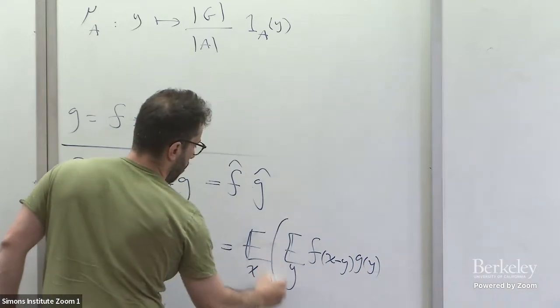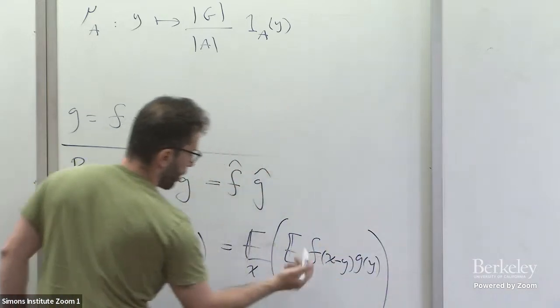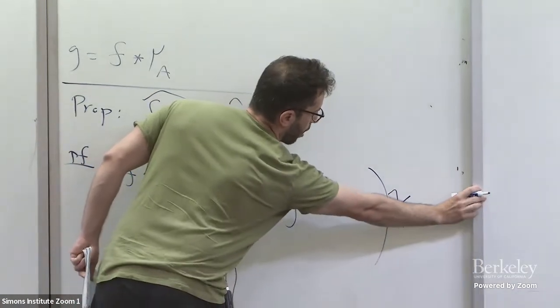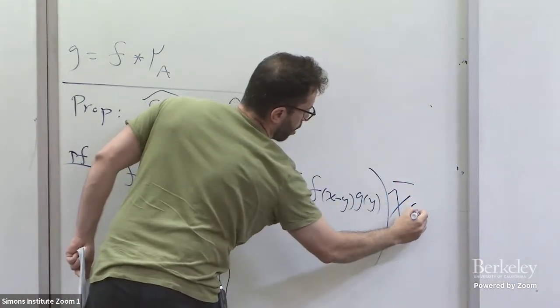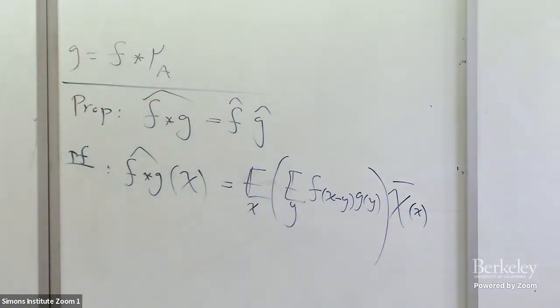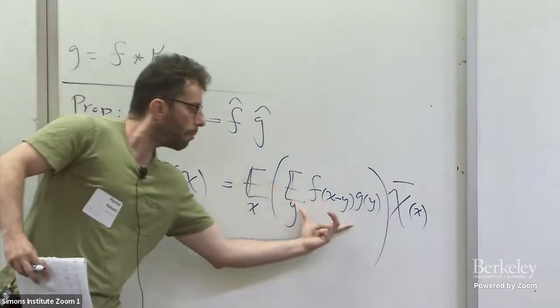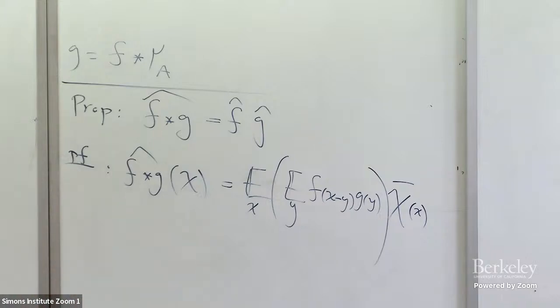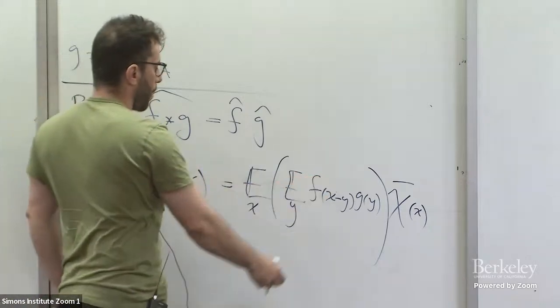Now I take the inner product of this with my character, chi bar of x. That's just the definition of the Fourier coefficient: I'm taking the inner product of my function, which is this convolution, with the character. Okay, now we can plug in the Fourier coefficients and expand this thing.